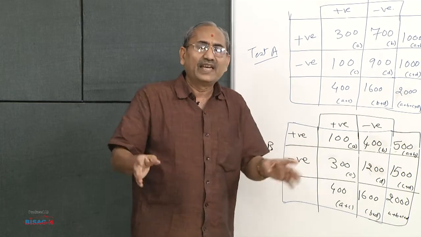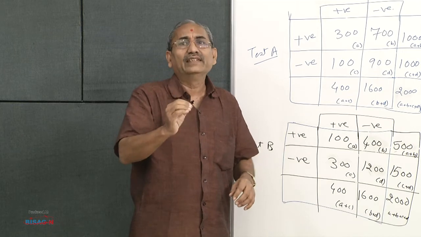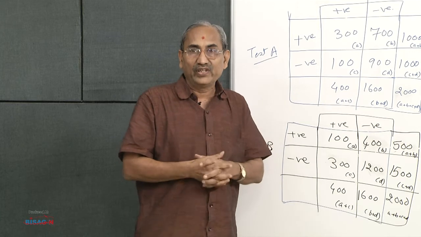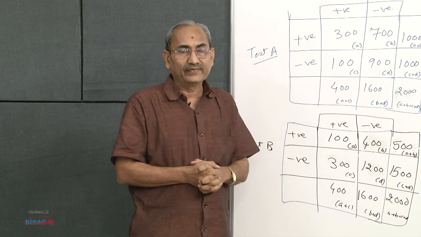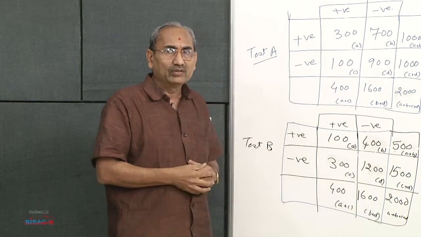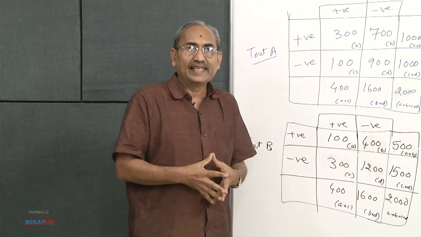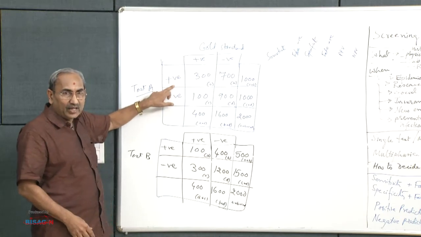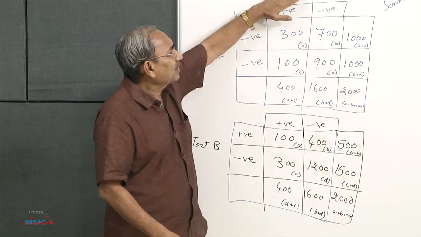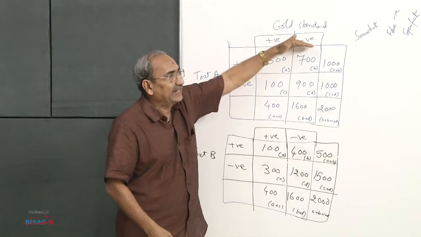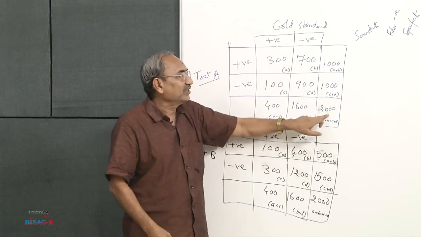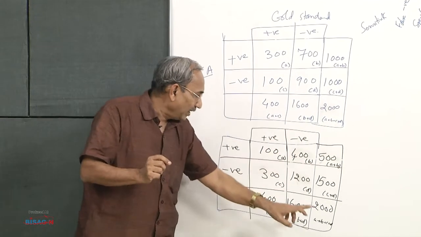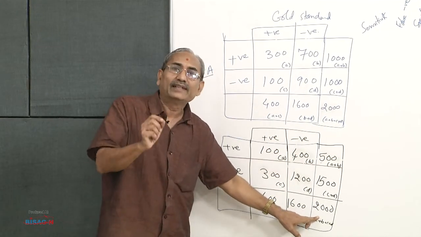Sometimes just by changing the cutoff line, you can increase the sensitivity and specificity, and that kind of feature we can also understand. We will take a few examples later on, but let us first find out what is sensitivity and what is specificity. In example A, the gold standard says positive and negative. A total of 2000 population were screened. In test B also 2000 population were screened.